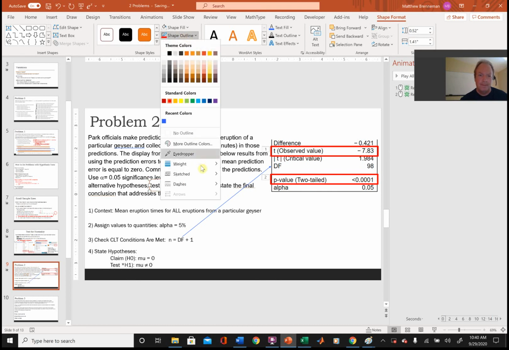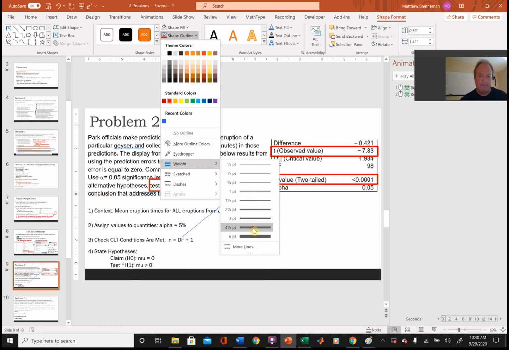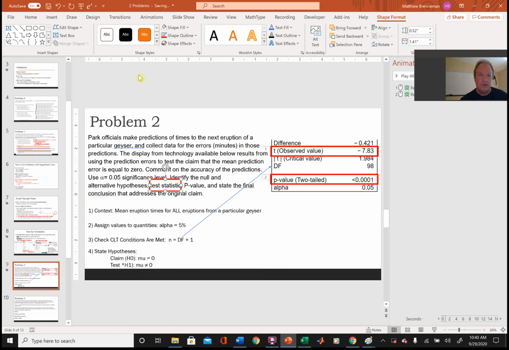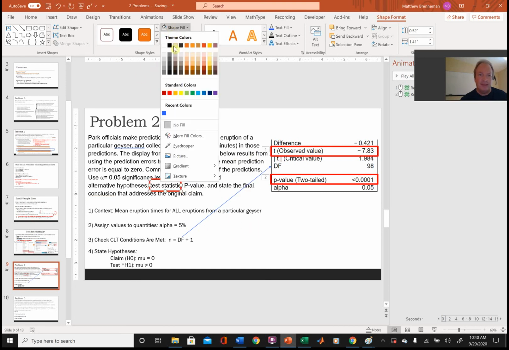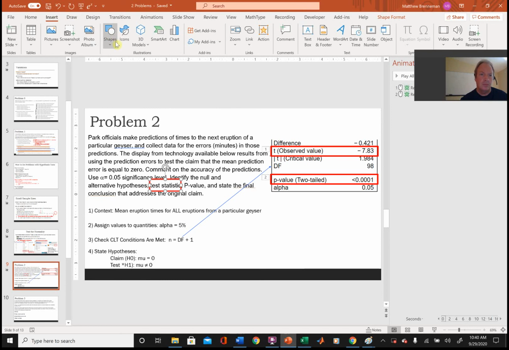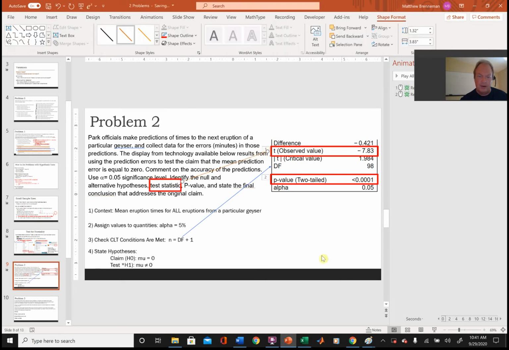So this is what we want right here to make this connection. Our test statistic is going to be our observed t-score right here. Our p-value is given. It's less than 0.0001.